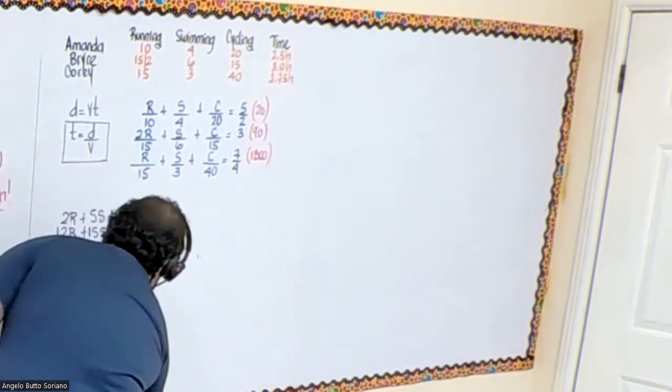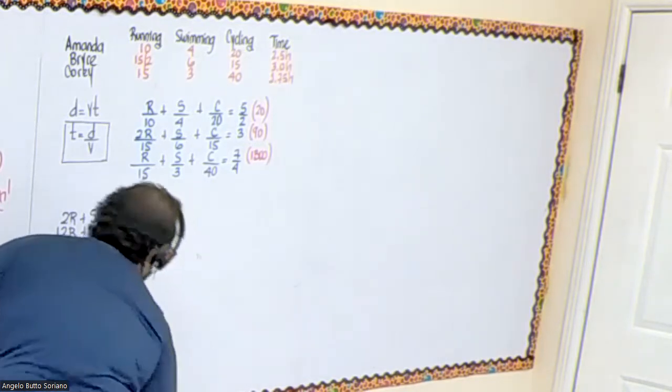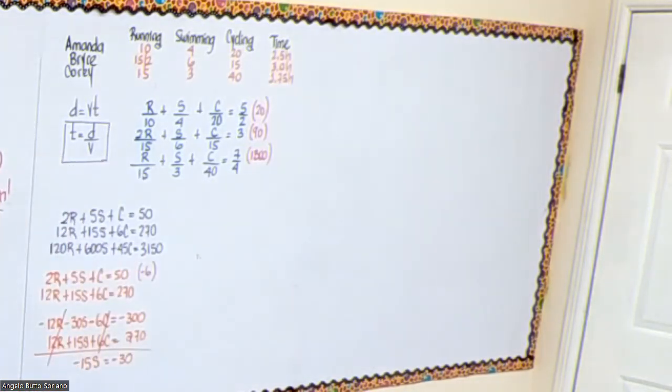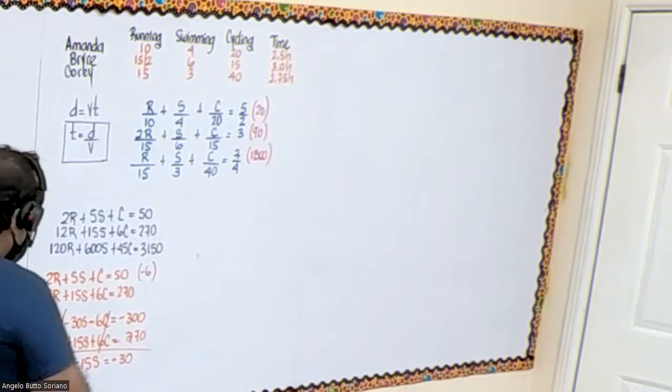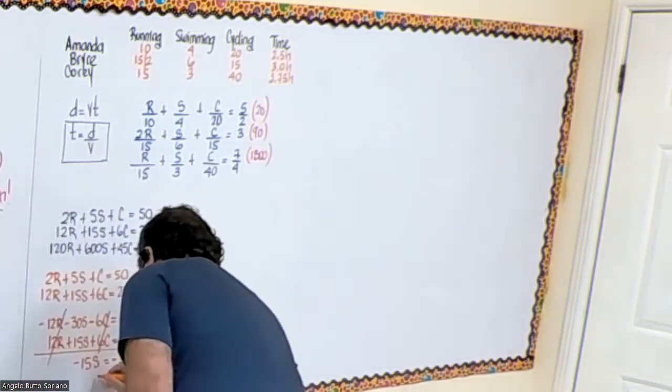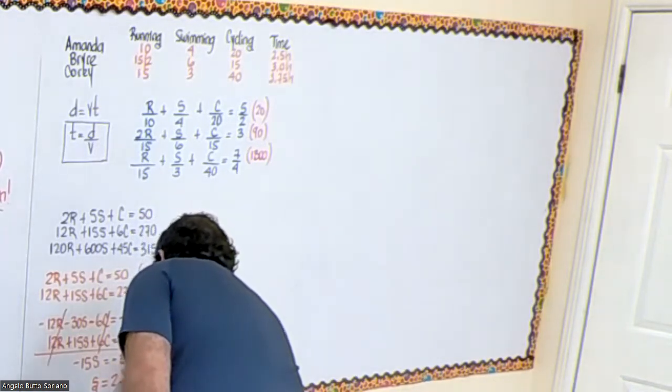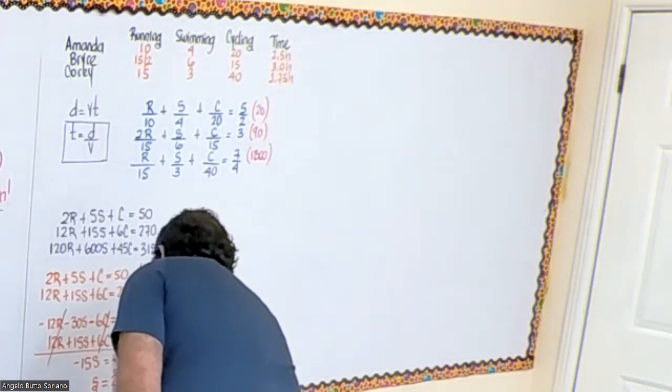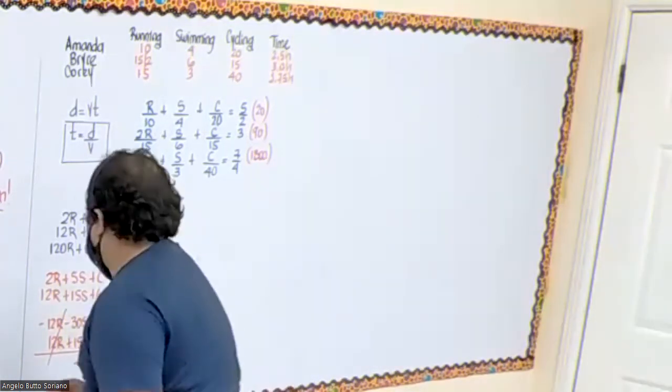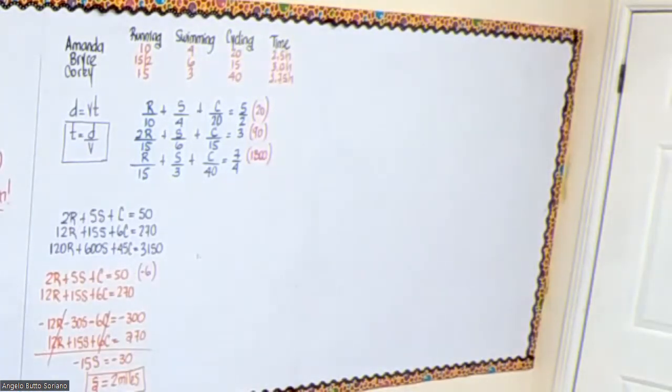And we got negative 30, and we can solve for s. So s will be equal to 2. We take the first equation, eliminate, and we got s equals 2.